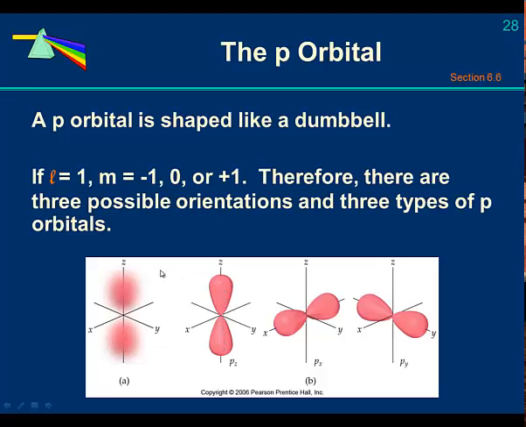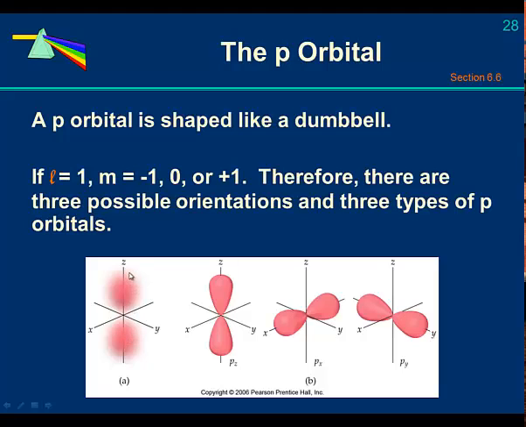What would be more accurate is this representation of the p orbital. Each pixel in this picture represents a solution to the Schrodinger equation, and when you compile all those solutions for the probability of finding an electron in any particular place at any particular time, because remember, we can never know both the position and the momentum of an electron simultaneously, only the probability.